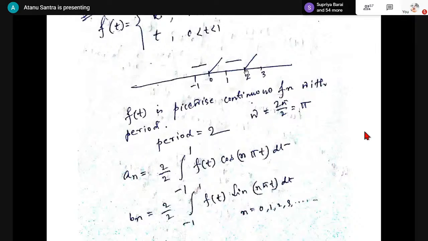At the point t is equal to 2, the functional value converges to f of 2 minus plus f of 2 plus divided by 2. Right? This is the thing.